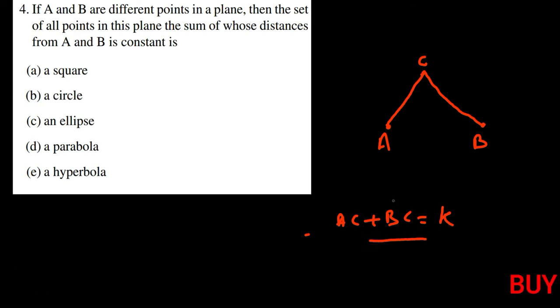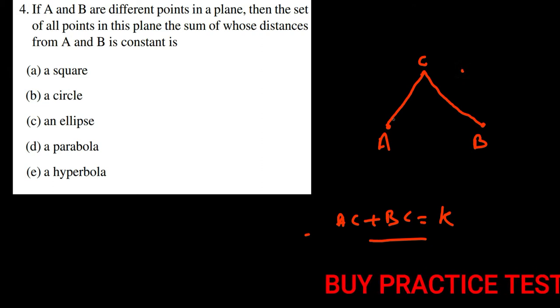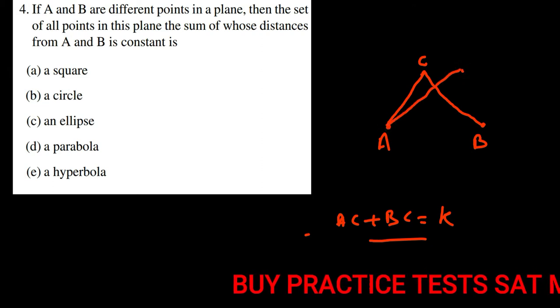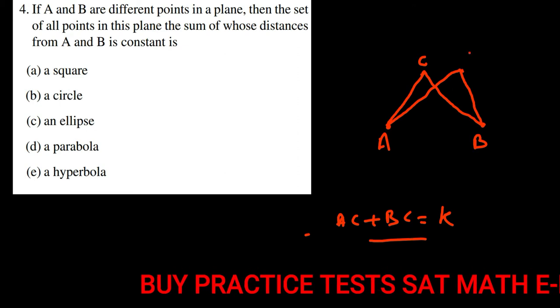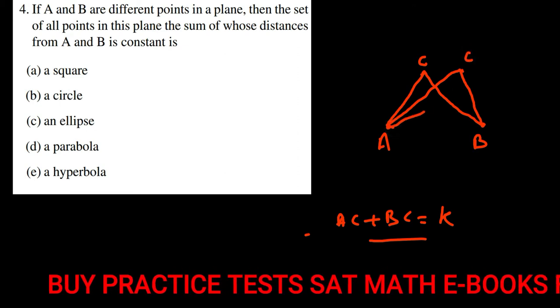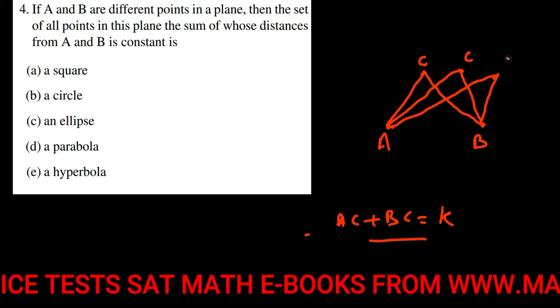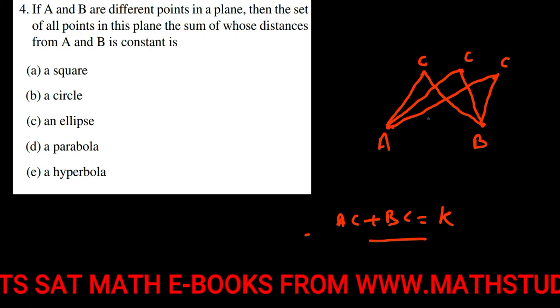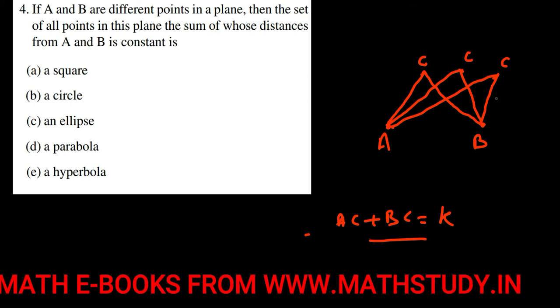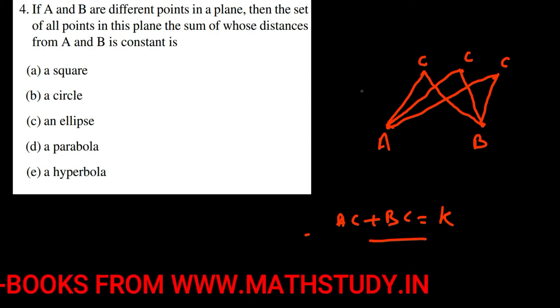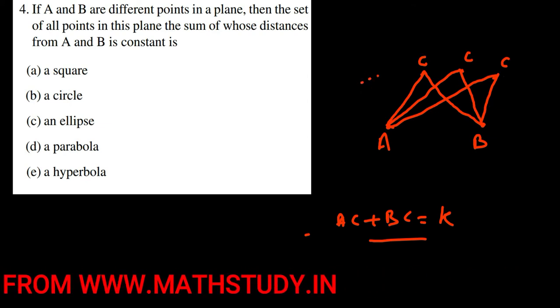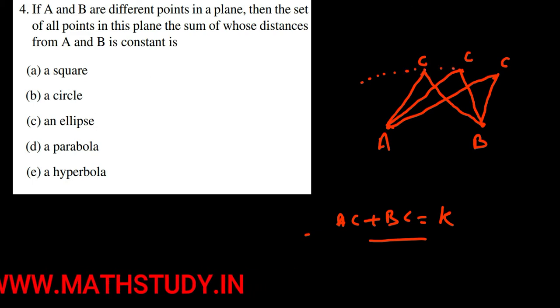So every time whenever this point is moving, this is C now, right? Then here also AC plus BC is constant, right? So we have to tell the locus formed by these points, right?